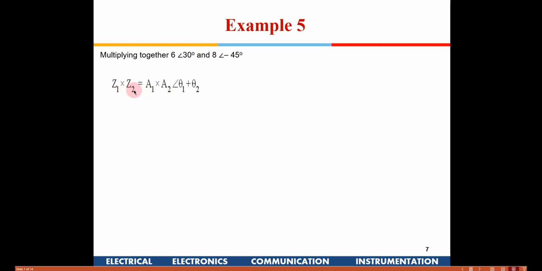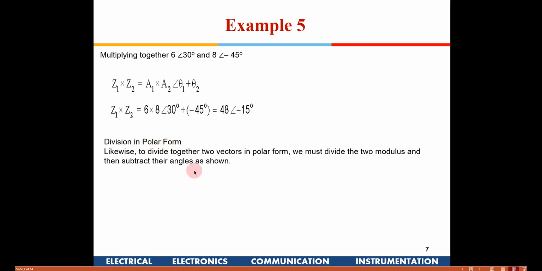So z1 into z2, where z is equal to a and theta, is a1 into a2, and the angle will be the sum of the angles. Okay. So here in this case it is 6 into 8, so that is 48, and then this is 30 and minus 45. So 30 and minus 45, we add it, we don't multiply that, we add that, so you get minus 15.